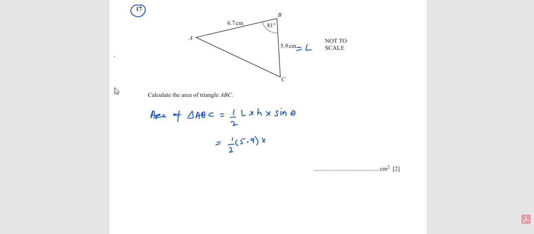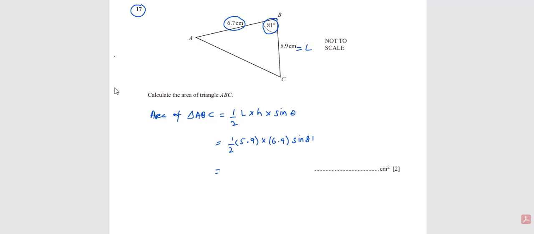that is equal to 5.9, multiplied by the height. This one is the height, that is equal to 6.9, and theta is equal to 81 degrees.